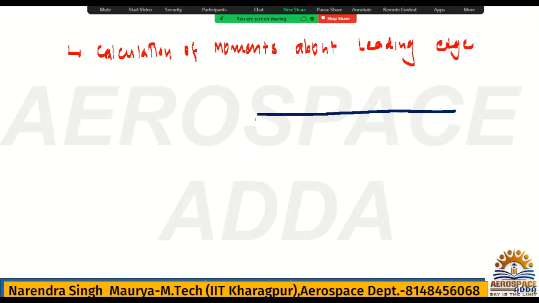Just say this is one point, which is nothing but the leading edge. Because you are going to calculate moment, somewhere on the chord of the airfoil there will be a lift force, and that lift formula you have also seen. Anyway, I'm considering somewhere here, this is one point.